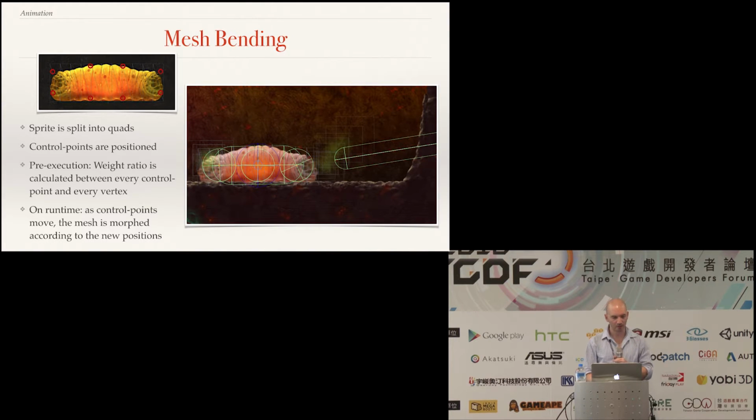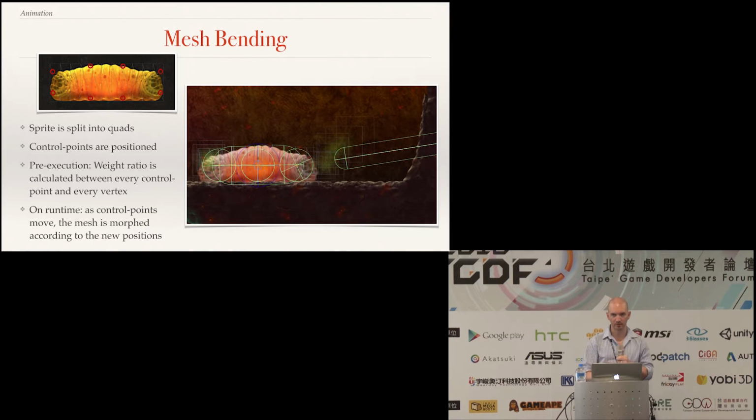Mesh bending, that's much heavier. First of all, the sprite is split into quads, as we did before. In this case, we're actually changing the mesh. Now we apply control points, for example, these control points. Before the execution, we look at the relationship between every control point and every vertex.